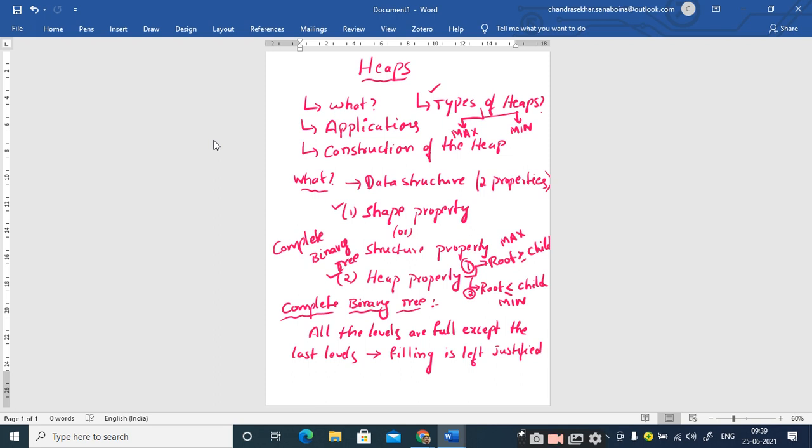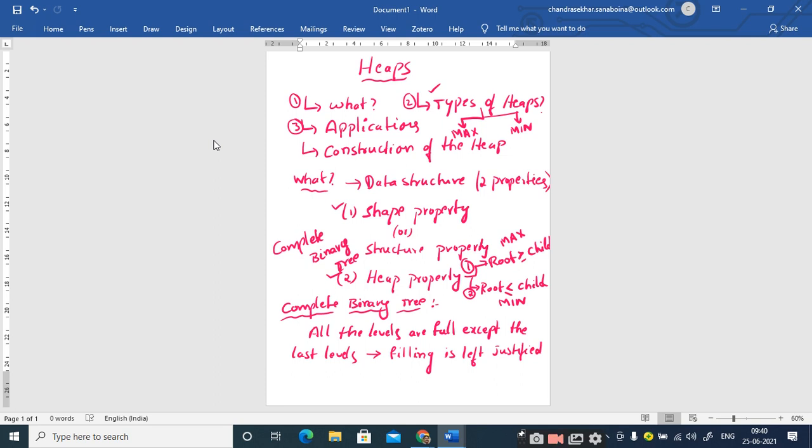Coming to the next part of discussion, we have discussed what a heap is and the types of heaps, and now we are entering into the topic of applications of heaps. These applications are very important when we want to implement priority queues, right? We know that the priority queue is one of the applications of queues where we won't be following the queue definition while inserting.